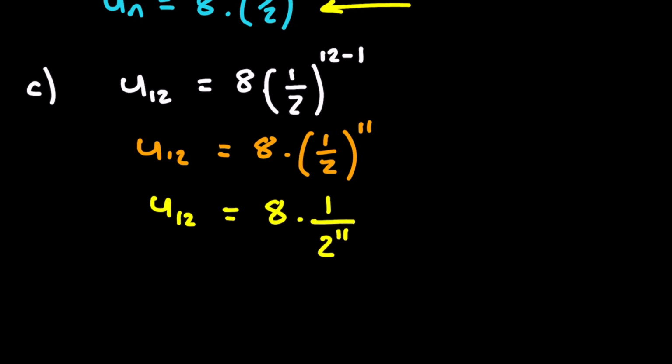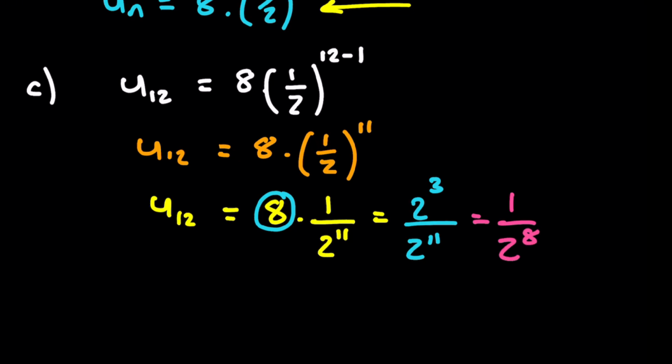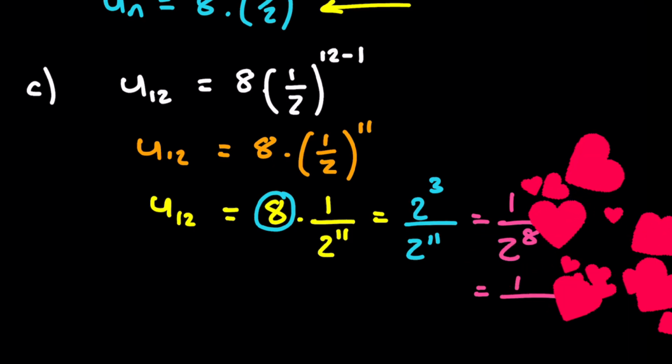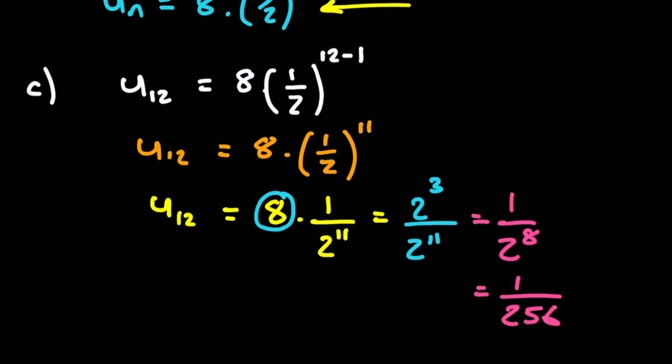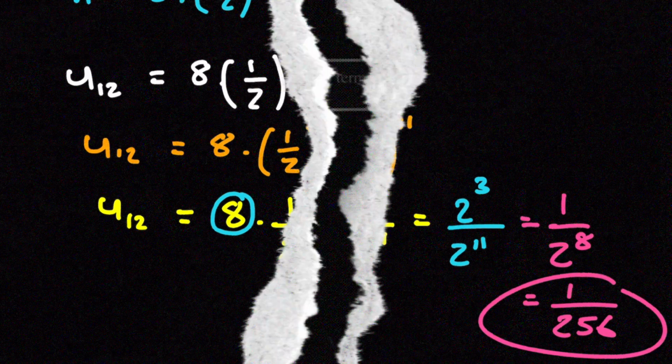And that's quite a large number, so what you can do if you spot that 8 is actually 2 cubed, and that is over 2 to the 11, so you can cancel some of these 2's with the ones on the bottom. So therefore that is the same as saying 1 over 2 to the power of 8, and that's where we get the final answer, which is 1 over 256. Now don't worry if you found that last little bit tricky, that's just a bit of number work at the end that they've thrown in there.